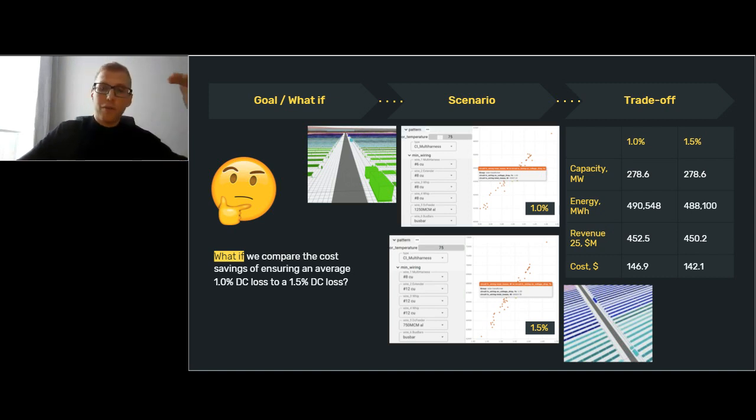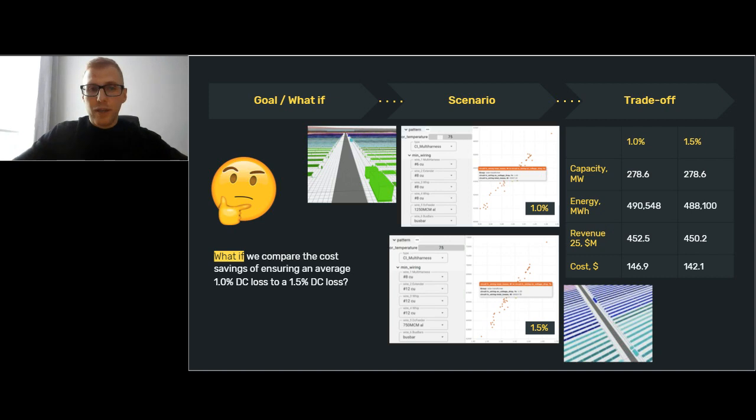So we shouldn't go above this, and the average loss shouldn't be higher than 1.2. So what if we compare the cost savings of ensuring an average 1% DC loss to 1.5% DC loss?